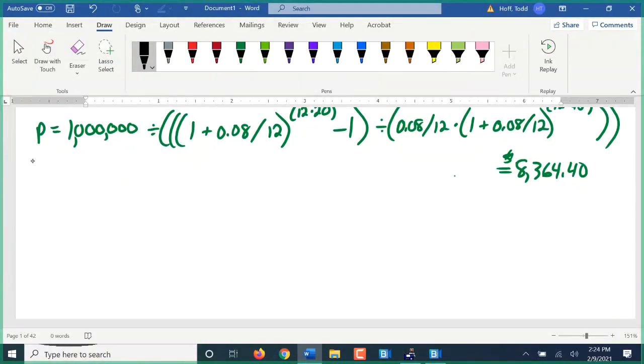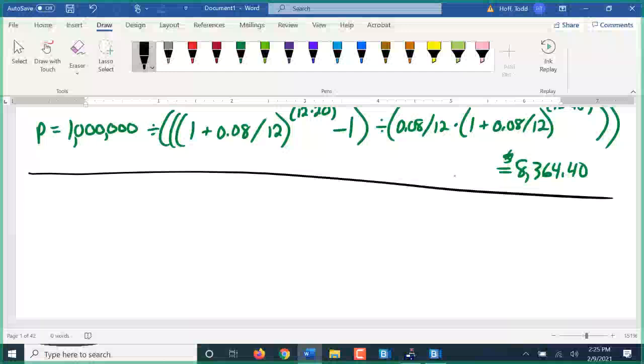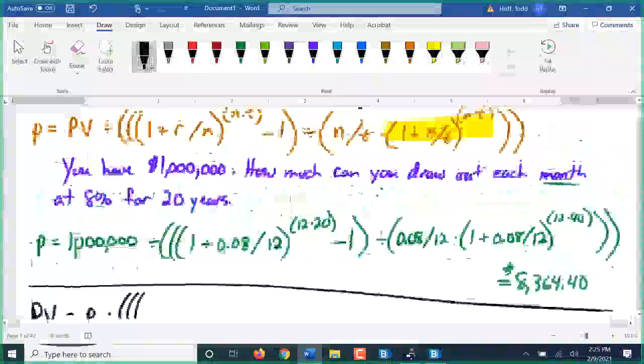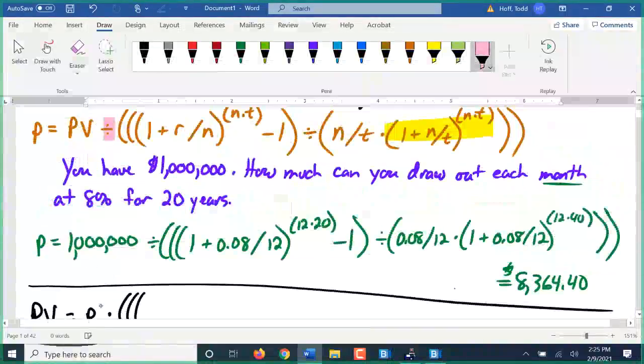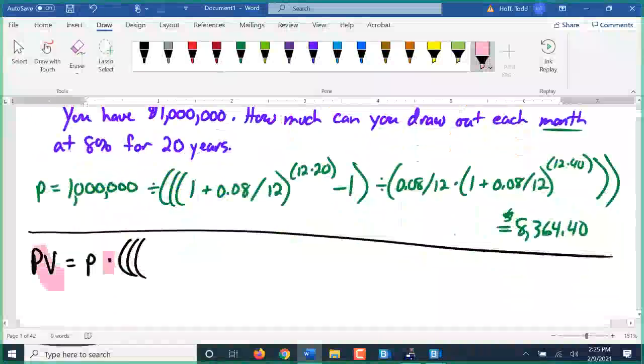Let's say you know how much you need per month, or per whatever period of time, and you want to figure out what that lump sum needs to be to afford your retirement. If you're finding the present value, if you know your payment, just like the other formulas we had for paying in, the formula is exactly the same, only the division will change to multiplication, and the payment and the present value will change places here.